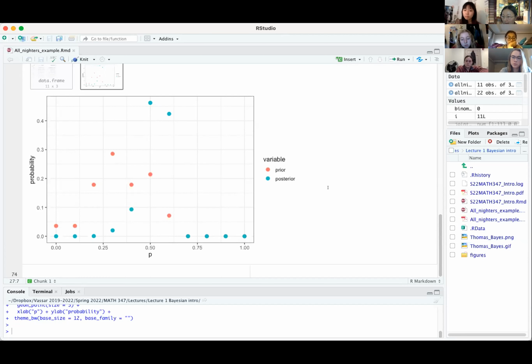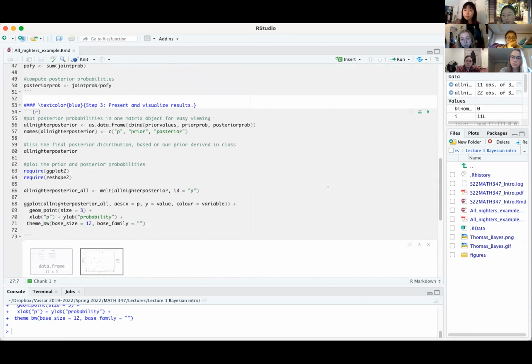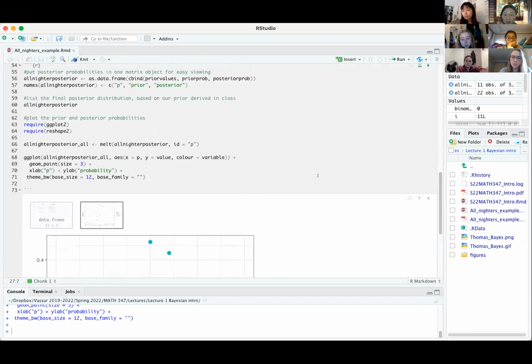There are a lot of detailed calculations going on, and we're going to see more examples along these lines when we get to Bayesian inference for a mean and for a proportion. But hopefully this is a reasonable example to give you a sense of how the posterior is a combination of the prior and the data.